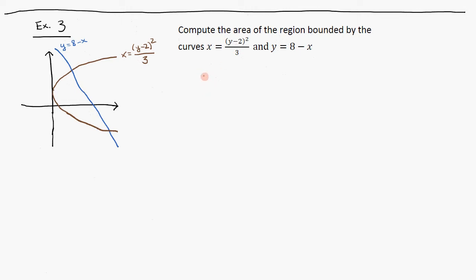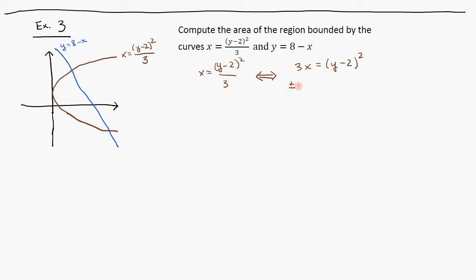So rewriting the first equation, starting with x equals (y minus 2) squared over 3, I rewrite it in the form y as a function of x. I solve for y, so I multiply by the 3 to the right hand side. Take the square root of both sides.